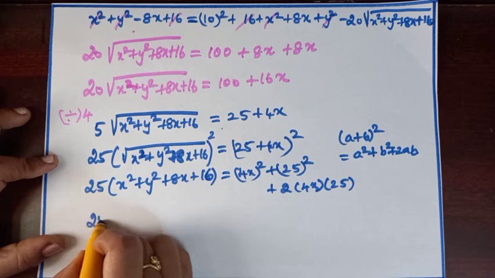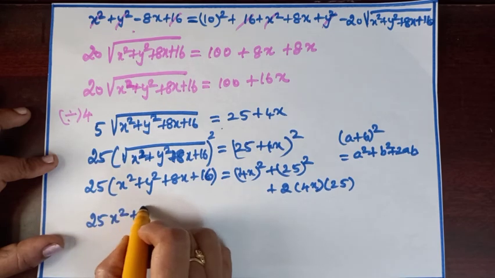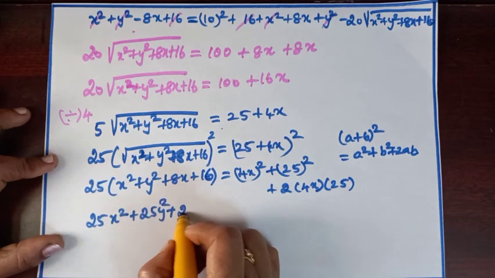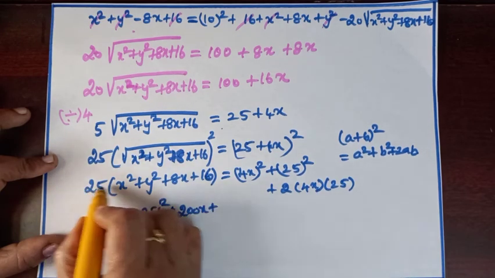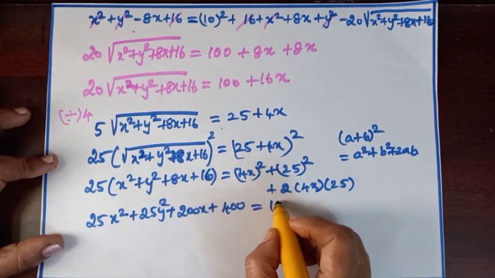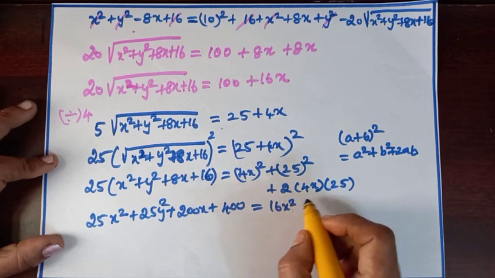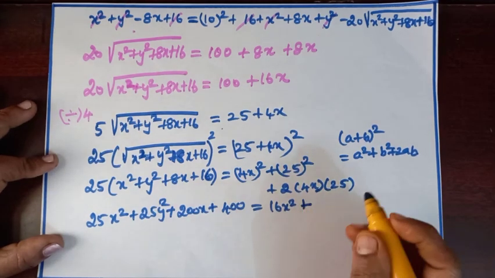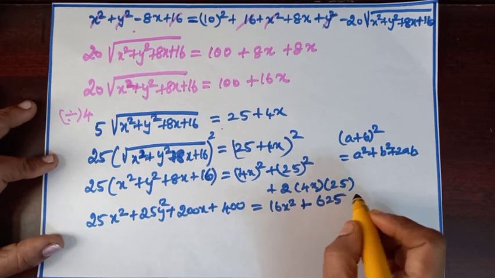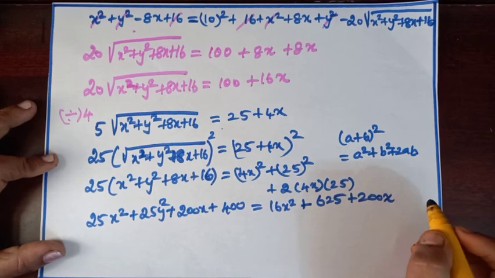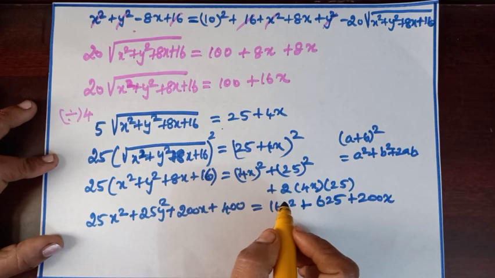Then we get 25x square plus 25y square. 25 into 8 is 200x. 16 into 25 is 400, which is equal to 4x square is 16x square plus 625 plus 200x. Now collect all the terms to one side.